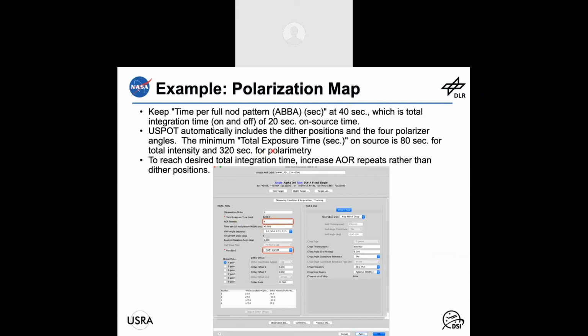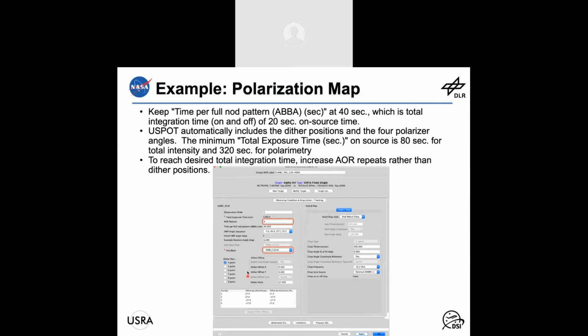Again, we're in polarimetry mode, so each AOR is 320 seconds of total on-source time. If we increase that to 4 AOR repeats, click apply, our total exposure time is now 1280 seconds, sorry, which is what we desire to get the correct signal-to-noise ratio for this region. That's maybe one of the more tricky parts.